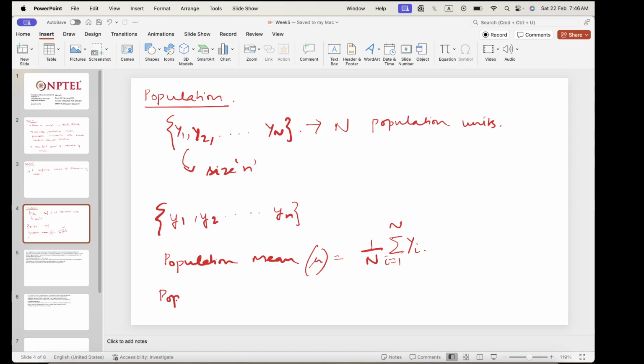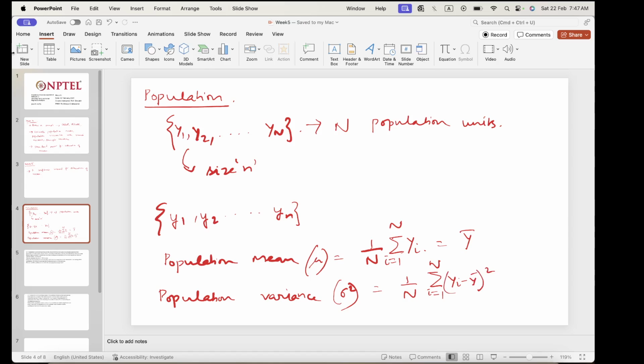And population variance sigma square is 1 by N summation i equal to 1 to N Yi minus y bar whole square.